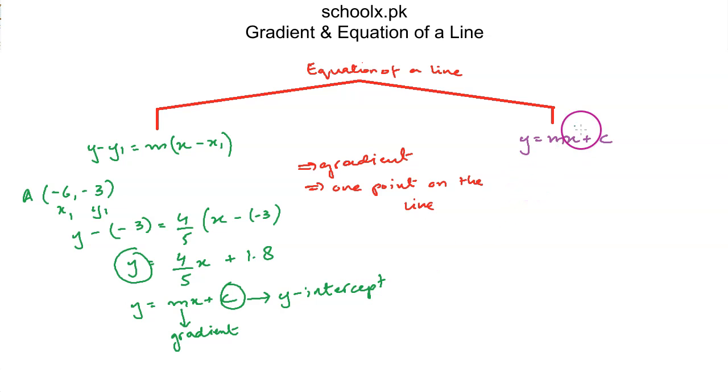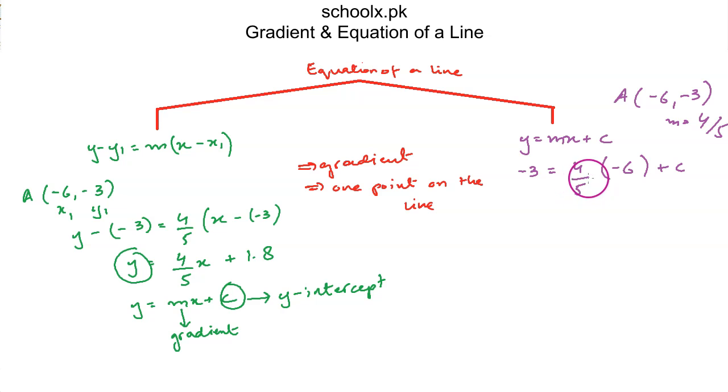So let's use this formula to find the equation of a line, which is y equals mx plus c. For this you also need one point on the line and a gradient of the line, right? So let's suppose A is my point on the line, negative 6 and negative 3, and we know that the gradient is 4 by 5. We're finding the same equation of the line, right? So y is negative 3, this is 4 by 5, and this is negative 6 plus c.